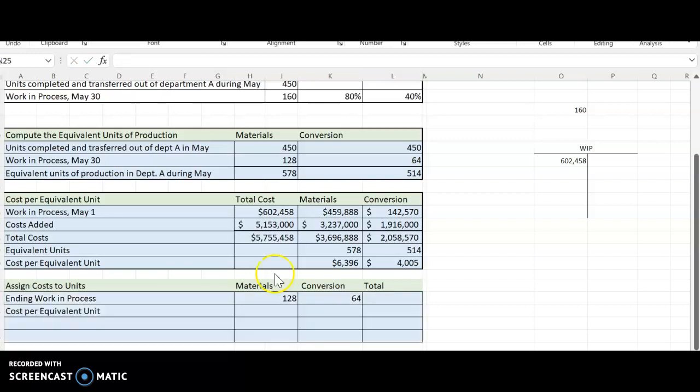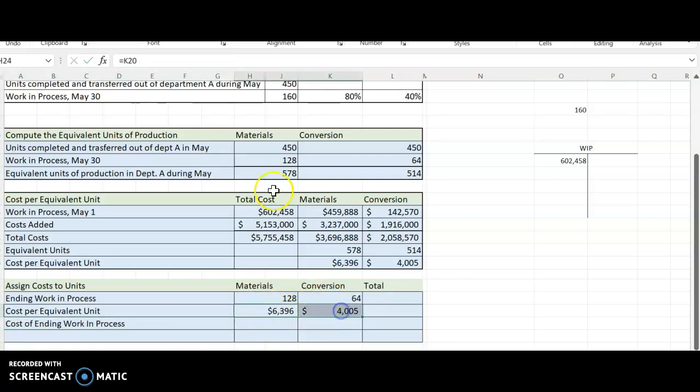The cost per equivalent unit for materials was 63.96, and for conversion, it was 4,005. All of these things we calculated.